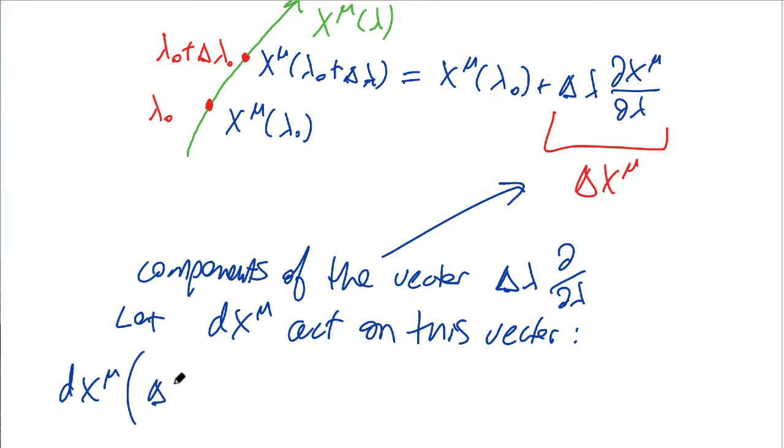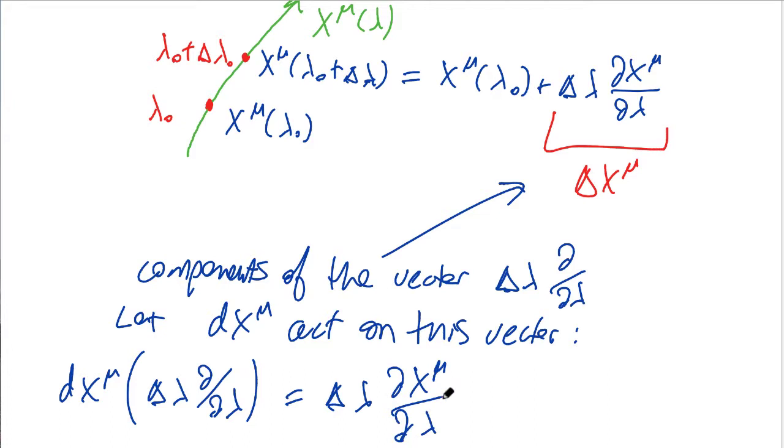So this is acting on the vector delta lambda times d by d lambda. And we know in this case, since this covector is the exterior derivative of a function or a set of functions, this is delta lambda partial x mu with respect to lambda. So once again, that is just delta x mu.